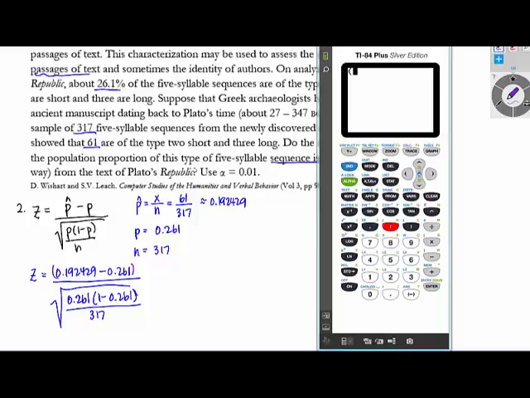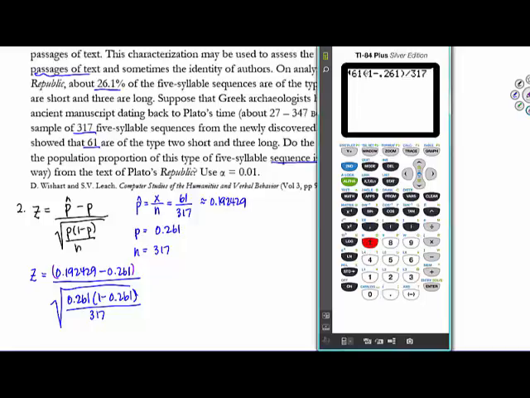So I'll open those parentheses up and then do 0.192429 minus 0.261 divided by the square root of 0.261 times 1 minus 0.261 divided by the sample size 317.